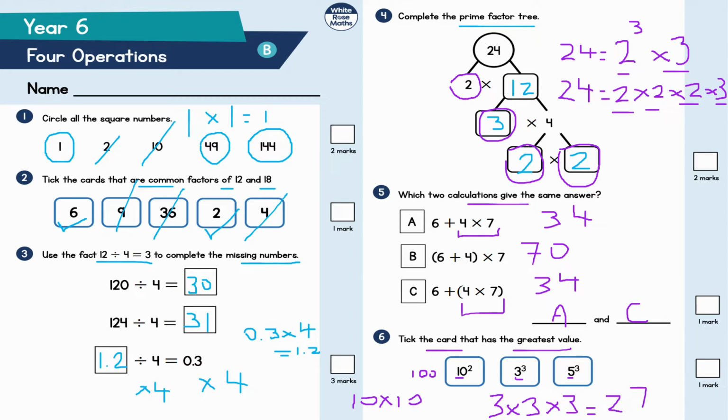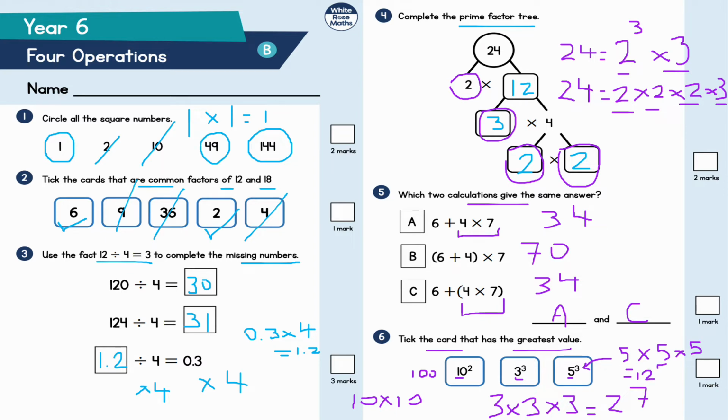And then 5 cubed, or 5 to the power of 3, is 5 times 5 times 5, which is 125. Again, this comes down to times table practice. If you're happy with the times tables, make sure you know how to multiply these together.